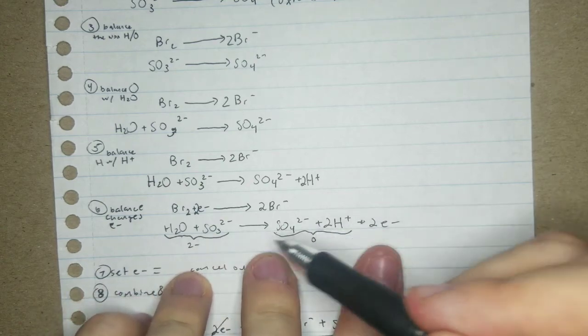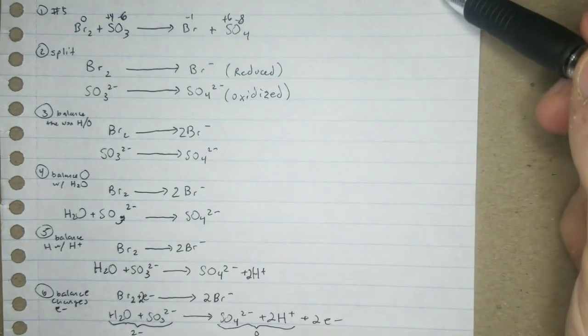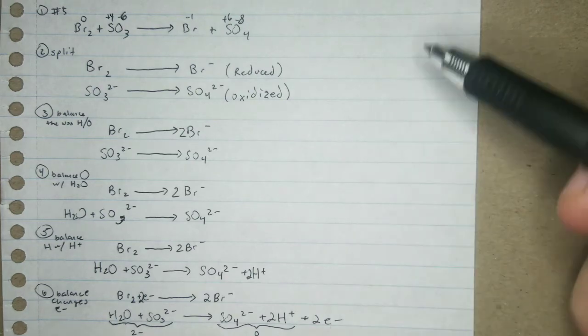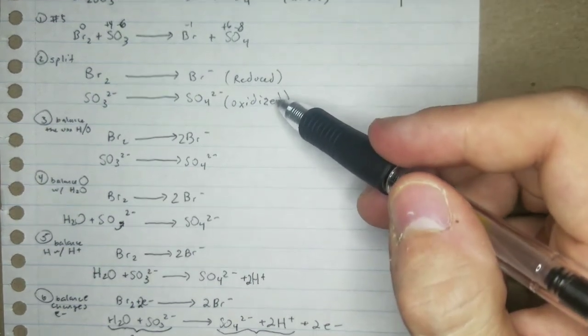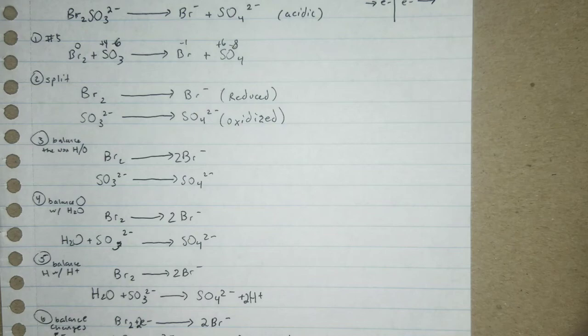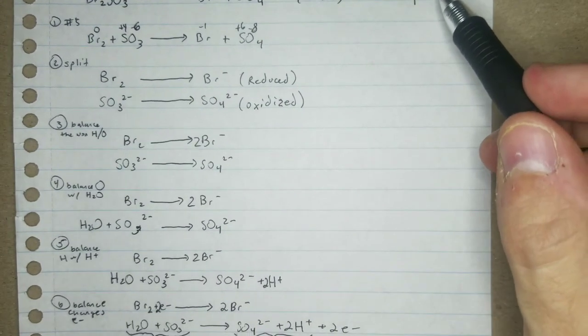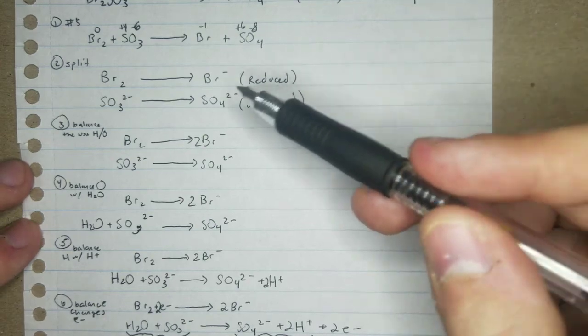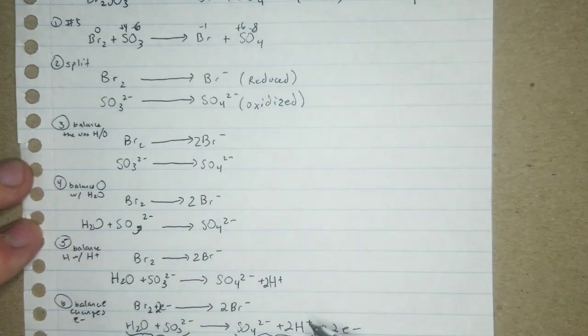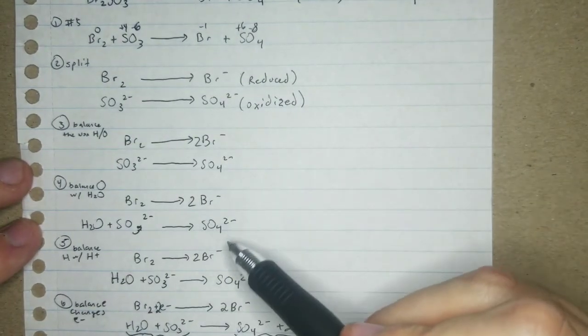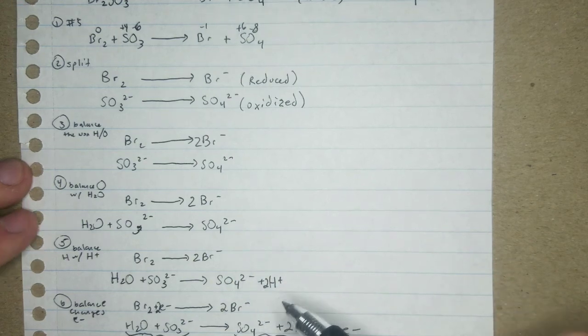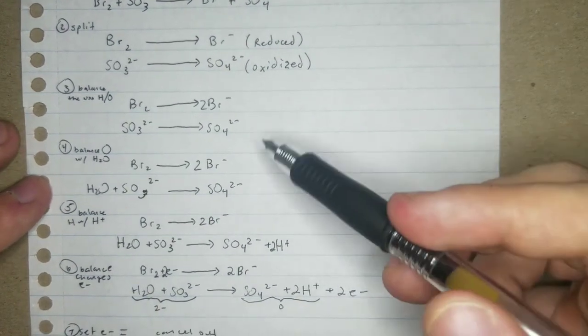Yep, so this is the SO3, and it's on the product side, oxidized. So that's just one way to double check it. If you had to add a product to the reactant side, then it should be the equation that's reduced. And originally we thought the Br2 to the Br minus was the one that we had to add an electron to on the product side.